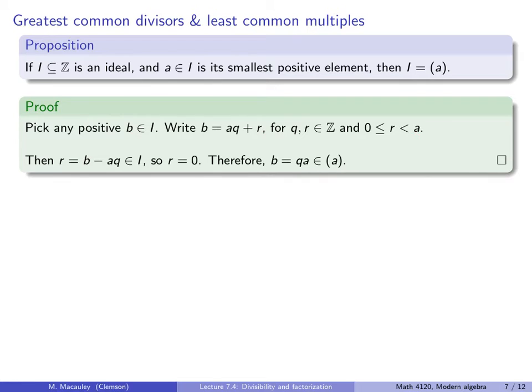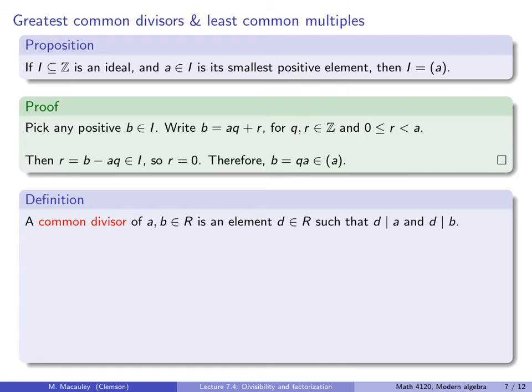Therefore, B is equal to Q times A, which is in the ideal generated by A. So we took an arbitrary positive number in the ideal I and showed that it is in fact in the ideal generated by A. And we could do the same thing with a negative element. So therefore, the ideal I is in fact generated by the single element A.